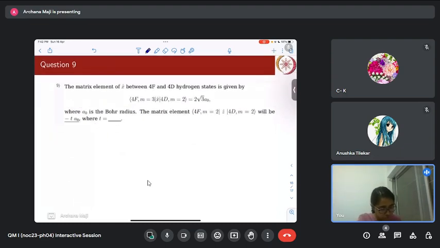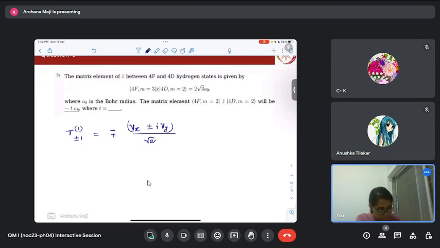So the matrix element of x between, so what is x operator? Again, we need to use the spherical tensors. So we saw that t1 plus minus 1 is equal to minus plus vx plus minus Ivy over square root 2. So for position element, we consider the vector to be xi cap plus yj cap plus zk cap.